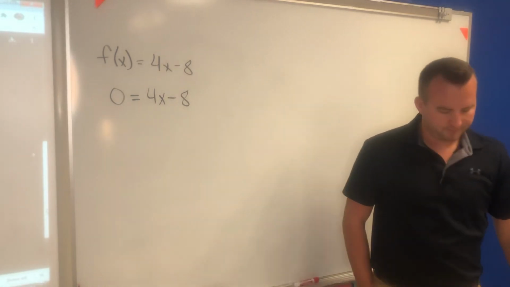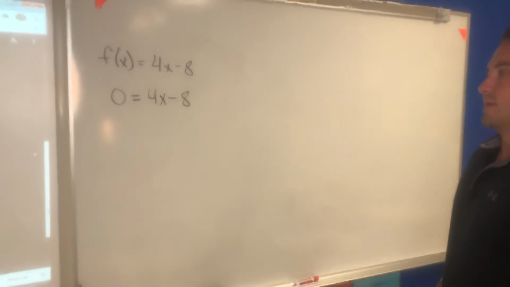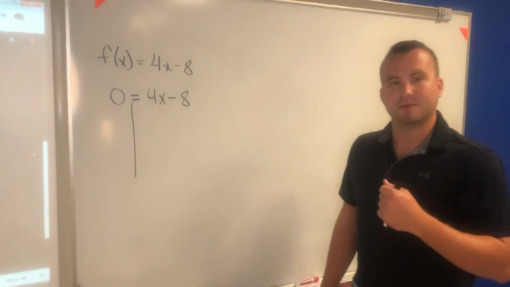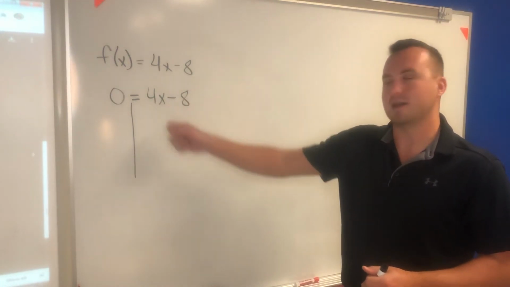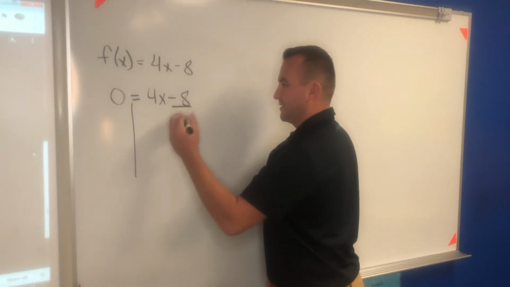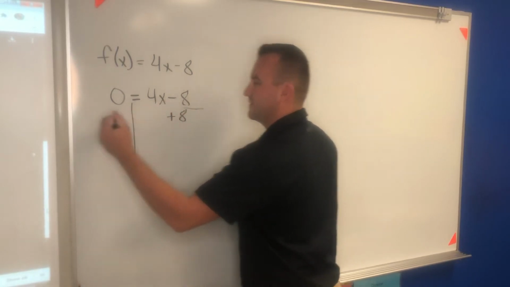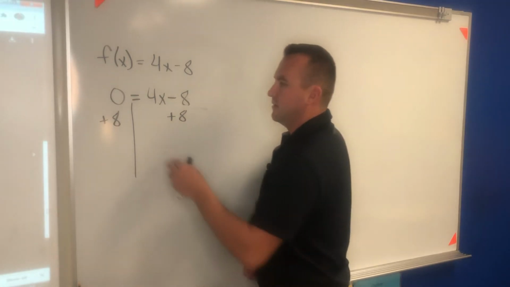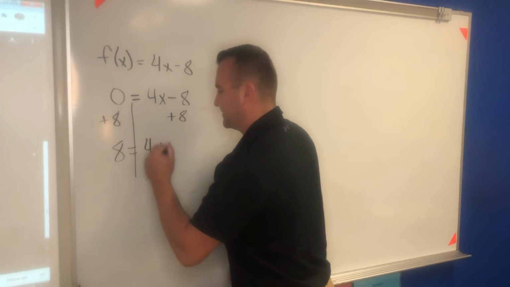Okay. So 0 is equal to 4x minus 8. Now this is just a 2-step equation like we were doing last week. Okay. I build my wall. I want to solve for x. I take the constant, -8, and I'm going to add it to both sides of the wall. 0 plus 8 is 8 equals 4x.